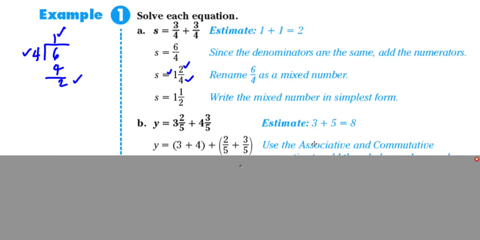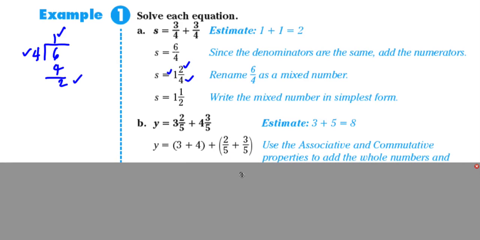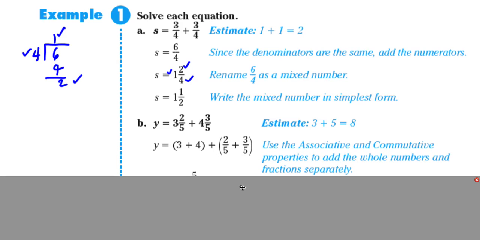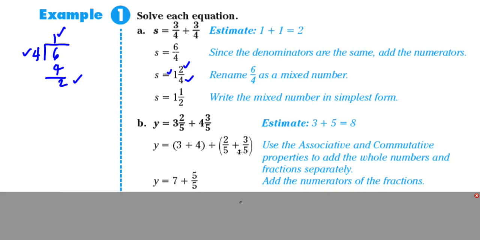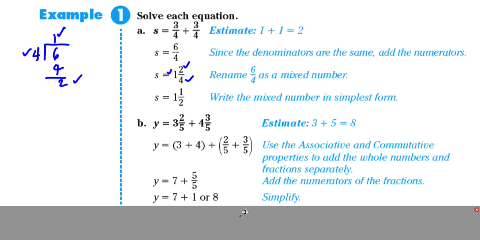If you use the associative property of addition, since they are all addition, you can do 3 plus 4 plus 2/5 plus 3/5, using the commutative property to add the whole numbers and the fractions separately. The 3 plus 4 is equal to 7, and 2/5 plus 3/5 is equal to 5/5. So 7 plus 5/5, or 1, is equal to 8.